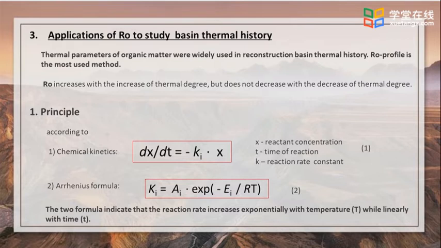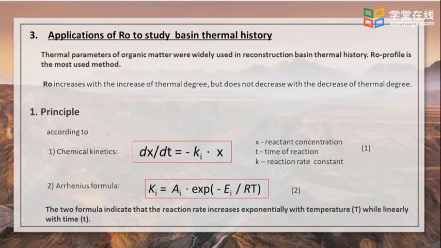The change of vitrinite reflectance indicates the change of vitrinite chemistry, and during heating there is a chemical reaction that happens in vitrinite, so the reflectance changes and records the chemical reaction in the vitrinite. These two formulas indicate that the reaction rate increases with the temperature exponentially and linearly with time.